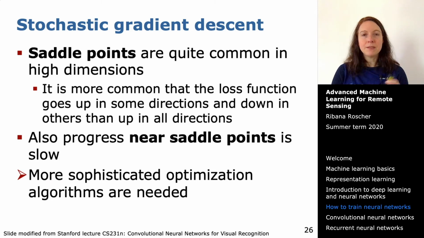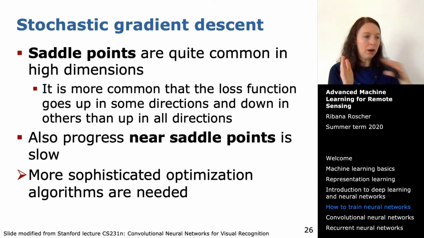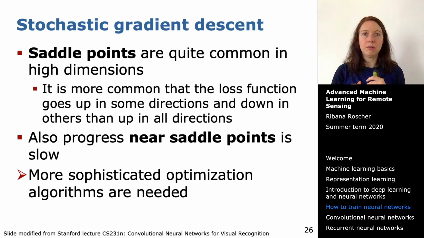And this is a problem because saddle points are quite common in high dimensions. Not so much local minima, but saddle points, because a local minimum is defined by the loss going up in all directions, in all dimensions, but it's much more likely that it goes down in a few directions and up in a few other directions.